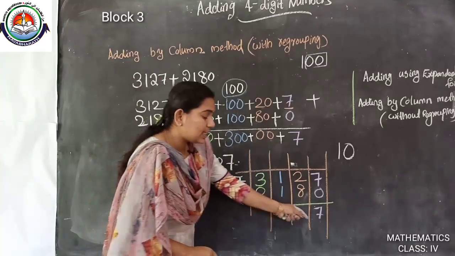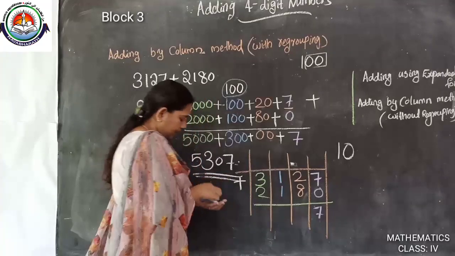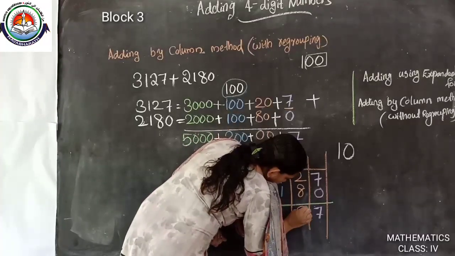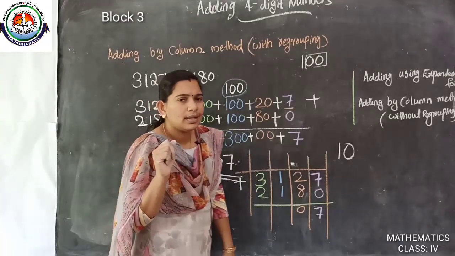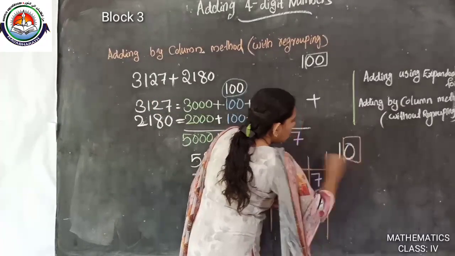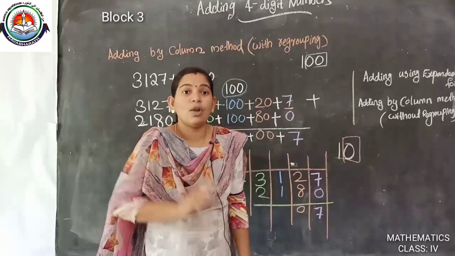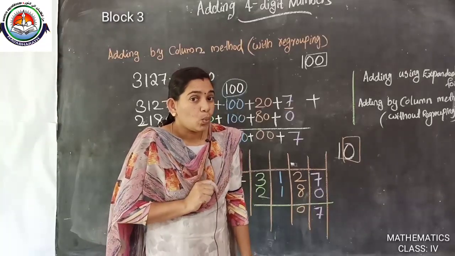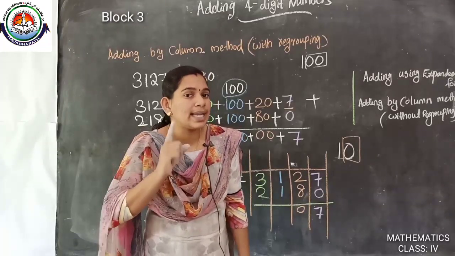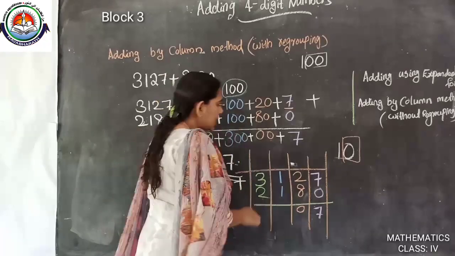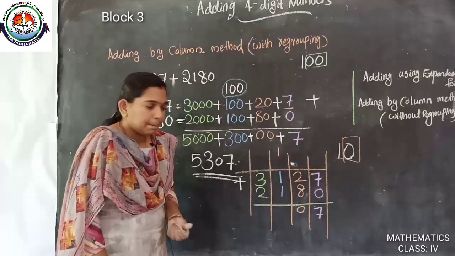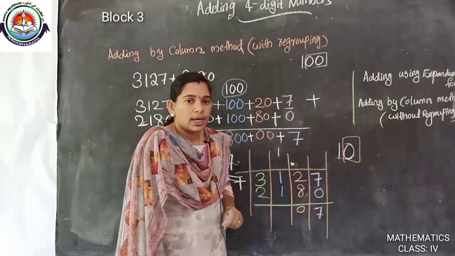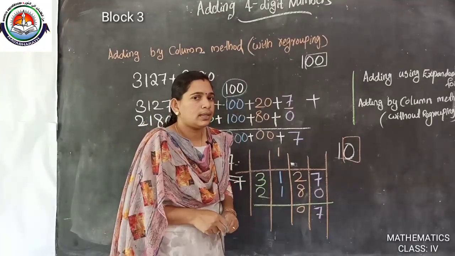We are writing 0 here. Okay. Then which digit is remaining there? 1. 1 is remaining there. That is the carry number. 1 is the carry number. Okay. Then 1 plus 1. What's the value of 1 plus 1?